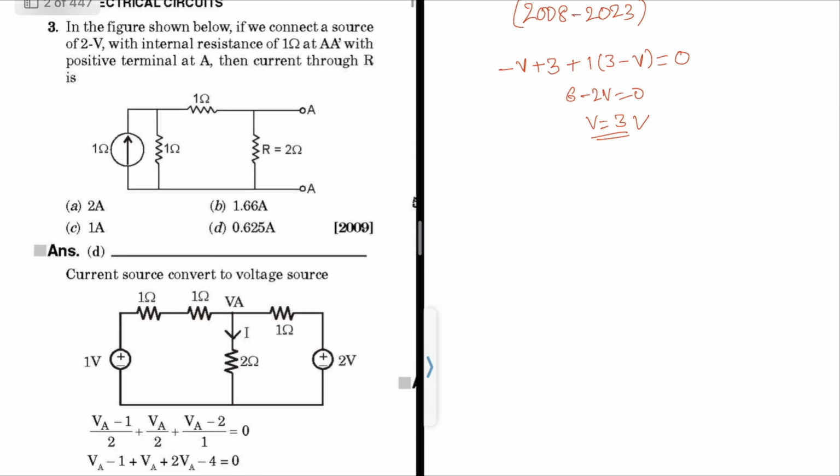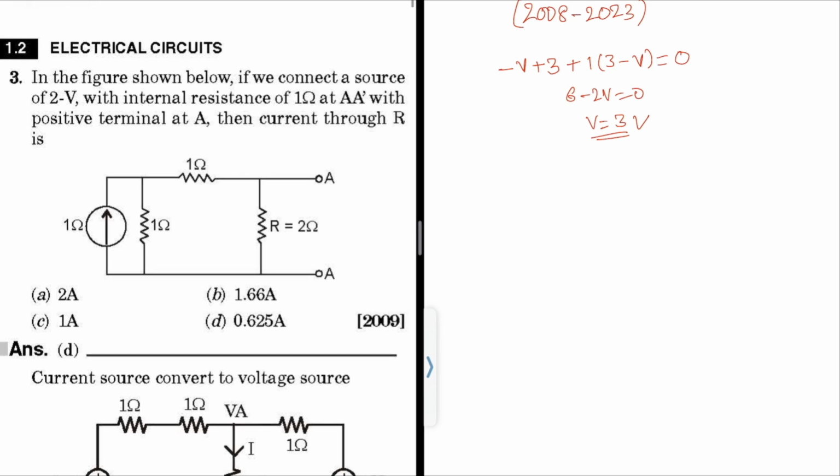Next, coming to the third question. They said that a source of 2 volt with internal resistance 1 ohm is connected at the positive terminal of A. That means there is a voltage source of 2 volt with 1 ohm internal resistance connected. They asked for the current through R. Let me assume this is V2 and this is V1.